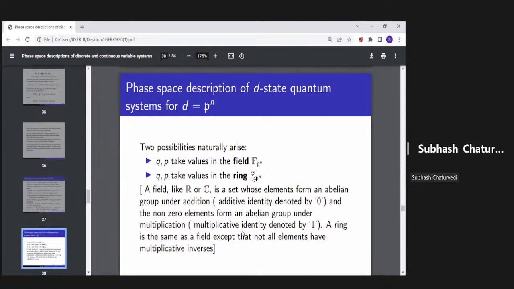Of course, when the dimension of your finite state quantum system is a prime number, then both descriptions coincide, because then F_p is the same as Z_p. So this is the first problem that one is confronted with.